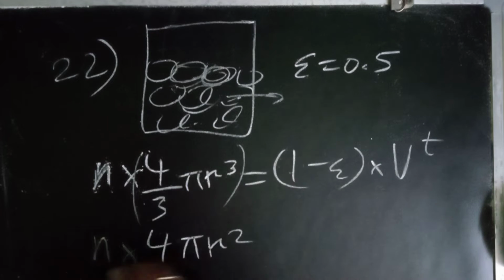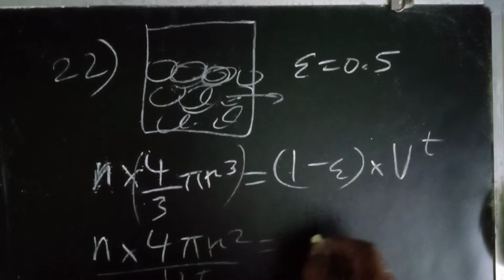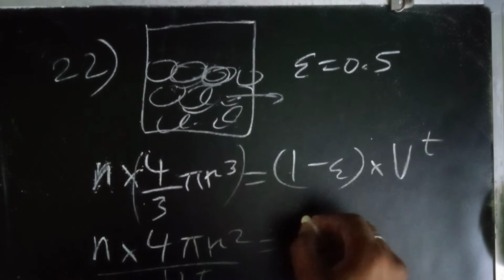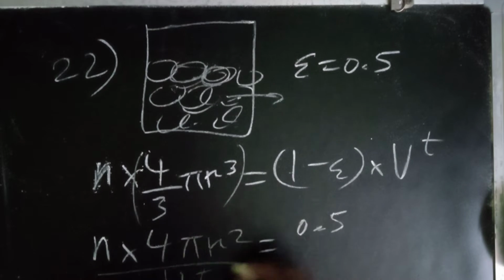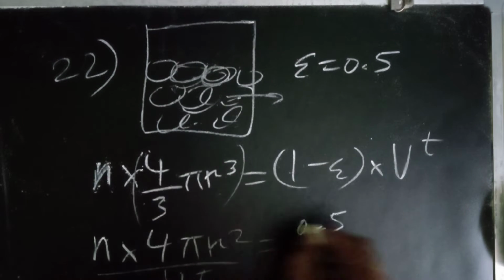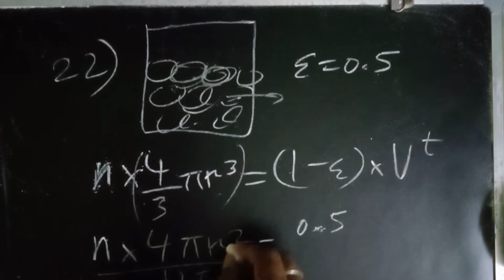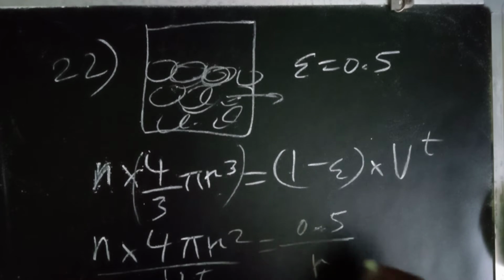So per unit Vt, it was simple. 1 minus epsilon is 0.5 and 4 pi r square, we need 1 r, so 1 r was this.